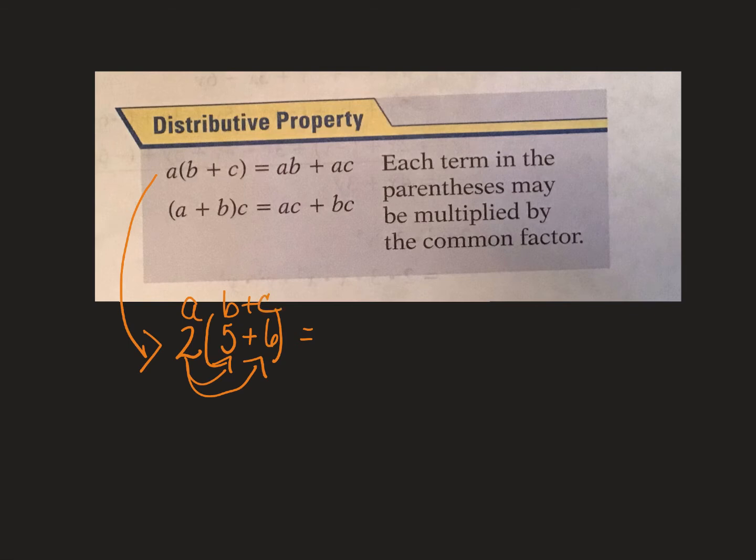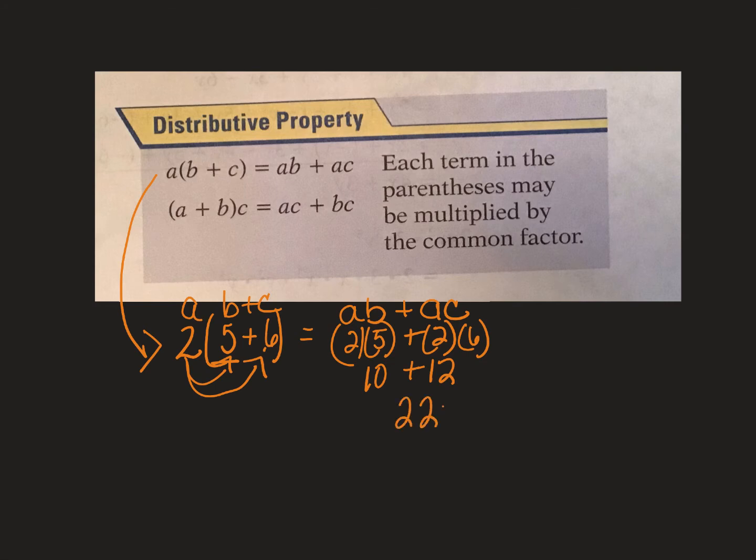So it's saying that essentially you're going to be multiplying A times B plus A times C, which goes 2 times 5 plus 2 times 6. Then, of course, you're going to do your multiplication first, which is 10 plus 12, and that is going to equal 22. Okay?